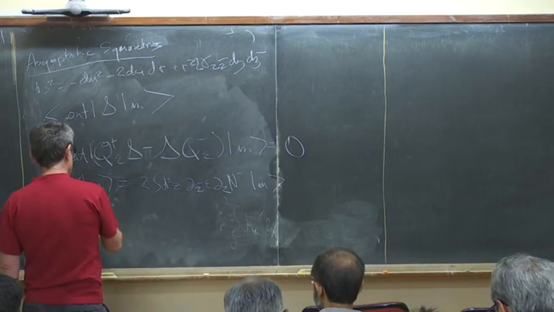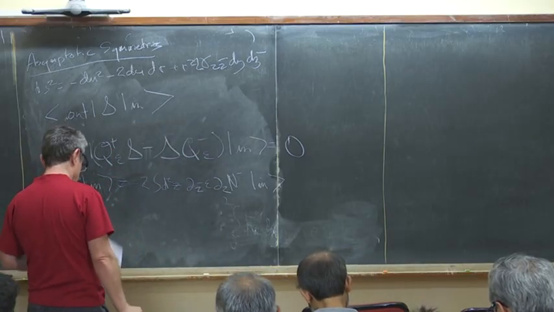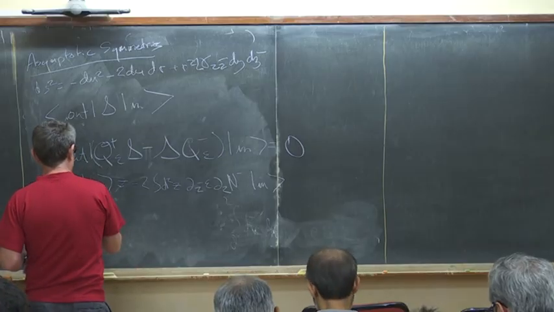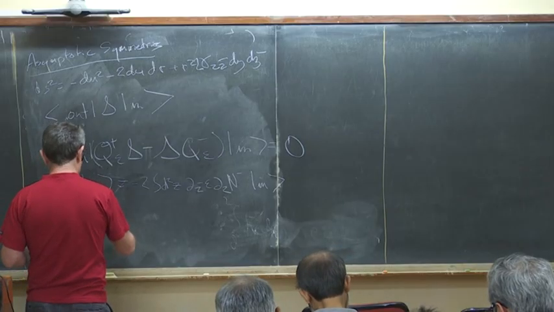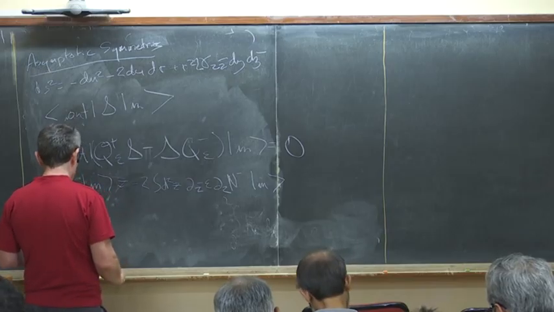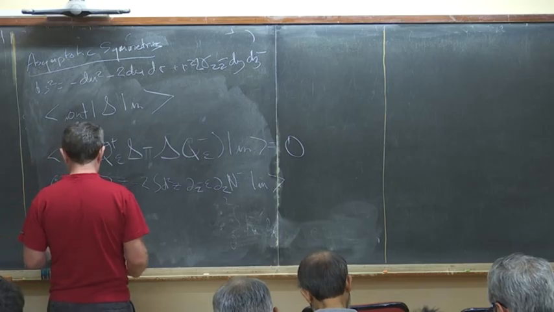And then we have a second term, which is the hard part. And the hard part gives us, let's say that we have m incoming particles.